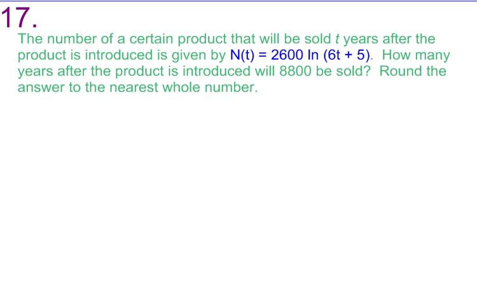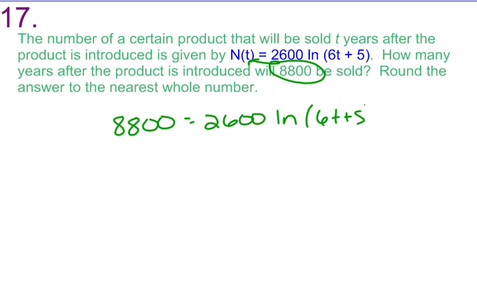So N of t here is what I'm going to plug the 8800 in for. So I'm going to say I have 8800 equals 2600 times the natural log of 6t plus 5. So I now need to solve this equation for t. And remember, my only variable is t because ln is the natural log. So to start, I'm going to get the natural log by itself. So I'm going to divide by 2600.